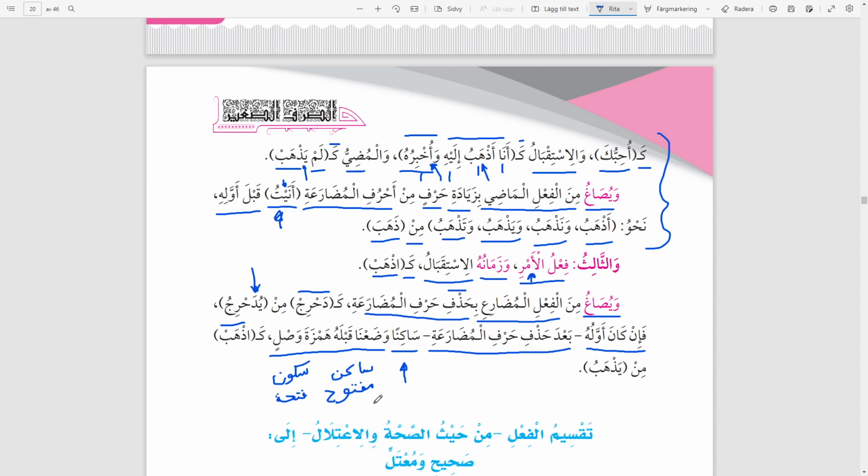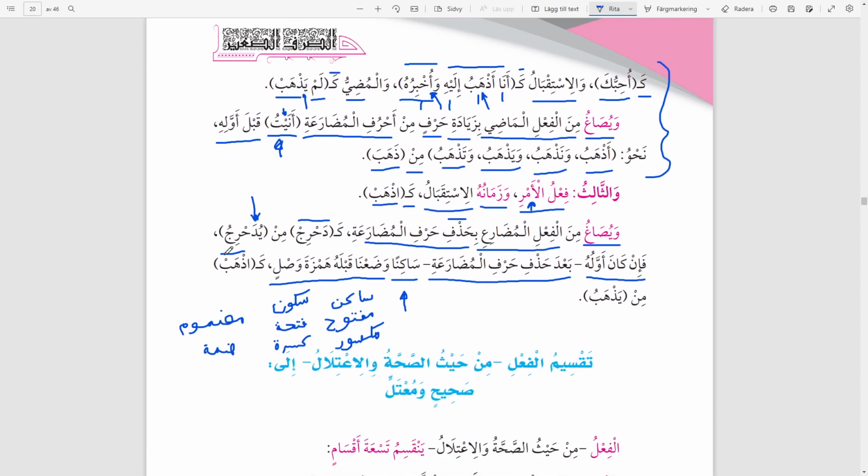And you say مكسور when it has a كسرة. And you say مضموم when it has a ضمة. So that's just a little faida. So اذهب, you take it from يذهب, right?